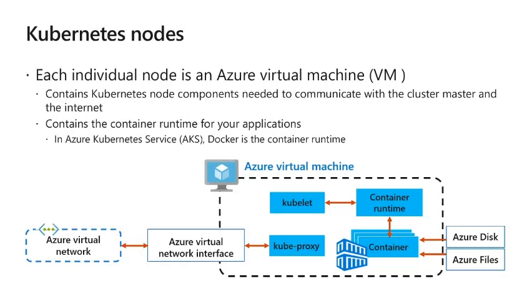Virtual networking is handled by kube-proxy on each node. The proxy routes network traffic and manages IP addressing for services and pods. The container runtime is the component that allows containerized applications to run and interact with additional resources such as virtual network and storage. In AKS, Docker is used as the container runtime.